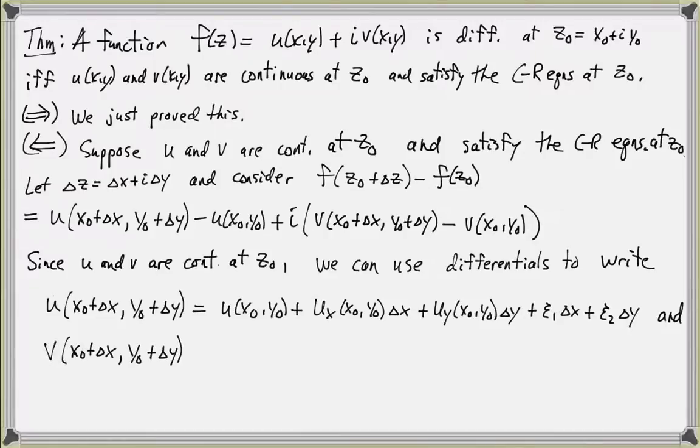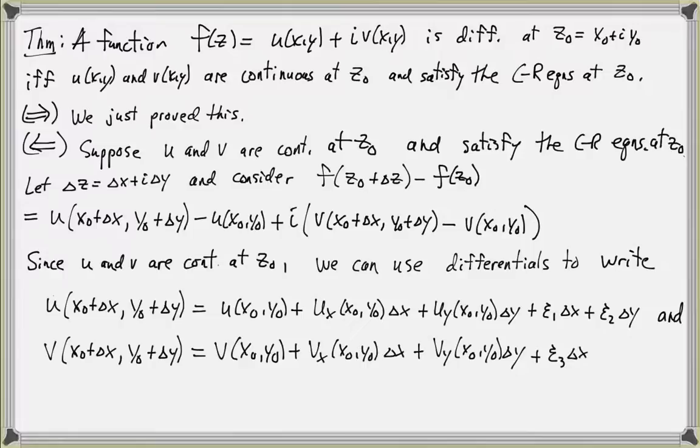So v of x0 plus delta x, y0 plus delta y will equal v of x0 y0 plus the derivative of v with respect to x times delta x plus the derivative of v with respect to y times delta y plus two error terms, epsilon 3 times delta x plus epsilon 4 times delta y, where again these epsilons tend to 0 as delta z tends to 0.